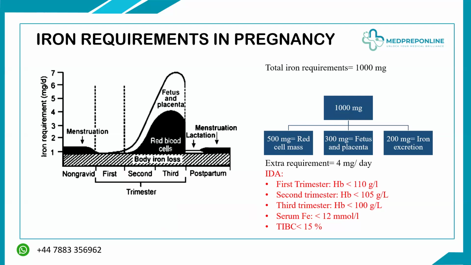The total iron requirement is of the order of 1000 milligrams, split as follows. 500 milligrams is required for red cell production. 300 milligrams is taken up by the fetus as well as the developing placenta, and 200 milligrams is required for the normal daily excretion through the body. So that is an extra requirement of 4 milligrams per day. Normally what you require is 2.8 milligrams. So in total, a pregnant woman requires around 6.6 milligrams per day of oral iron, right?